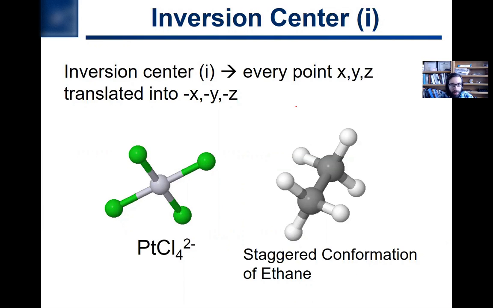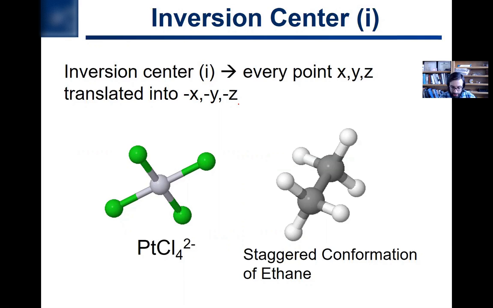Second type are inversion centers. Inversion centers are given the symbol I. The best way to think about an inversion center is to just know the mathematical definition: every point x, y, z gets translated into negative x, negative y, negative z.